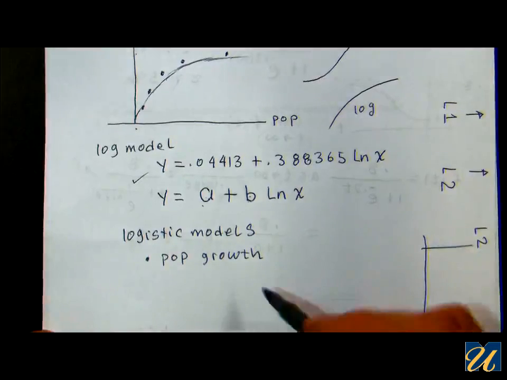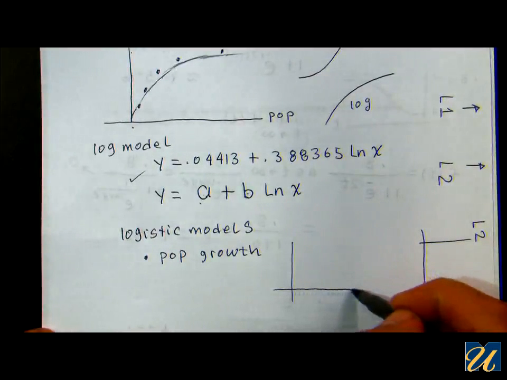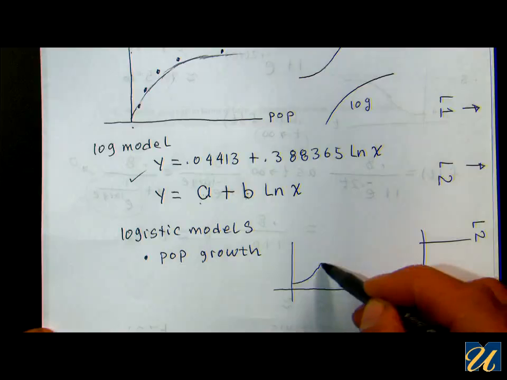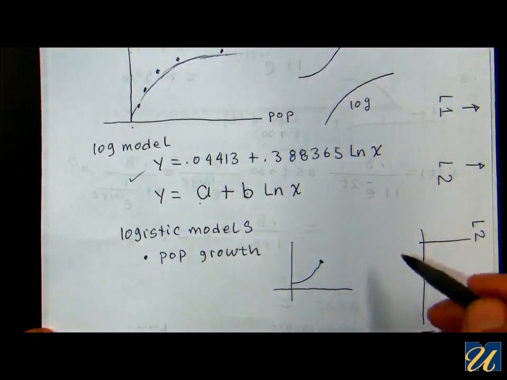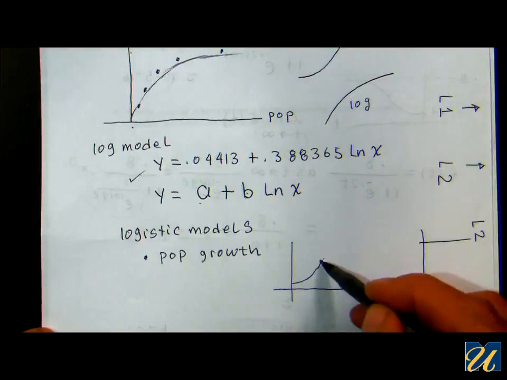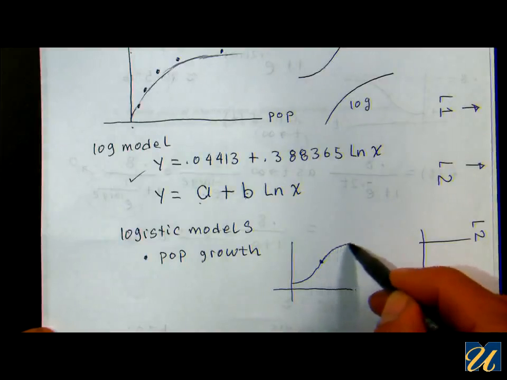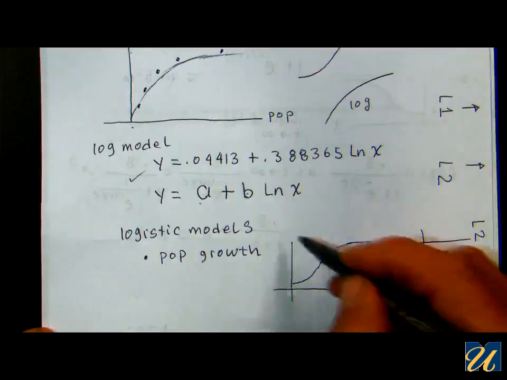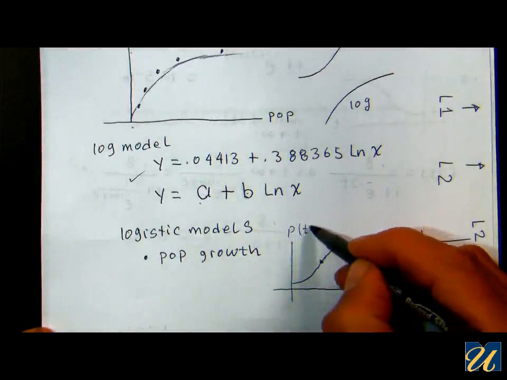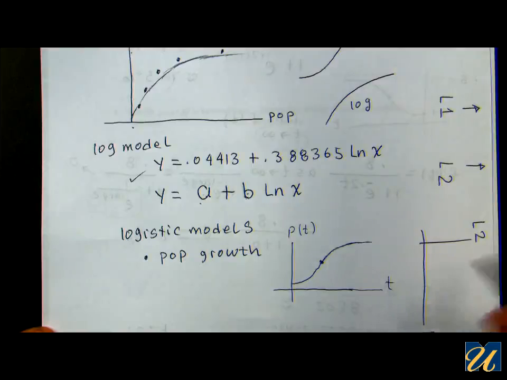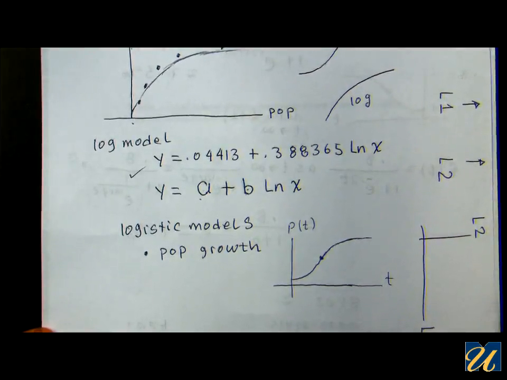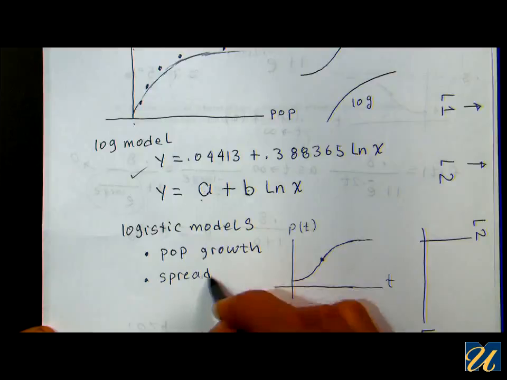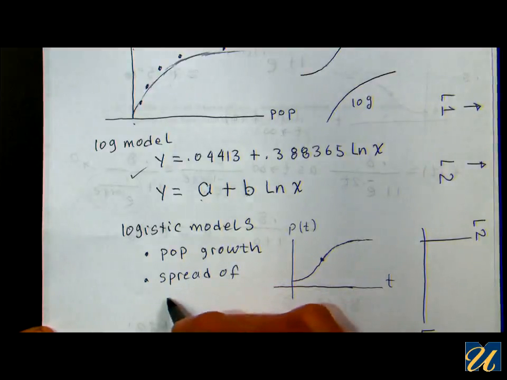Then what you find is that with a lot of resources in the beginning, the population goes through a bit of an explosion, and after some critical juncture, the population still grows, but the competition for those resources starts to limit the growth of that population. So often you have population on this axis and time on this axis. It also works well for spread of disease, such as colds and viruses.